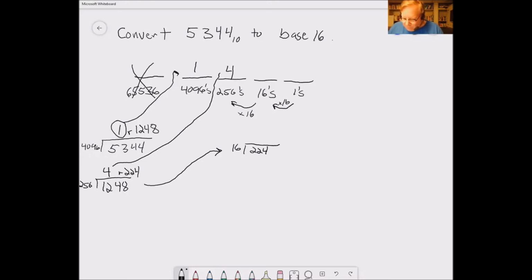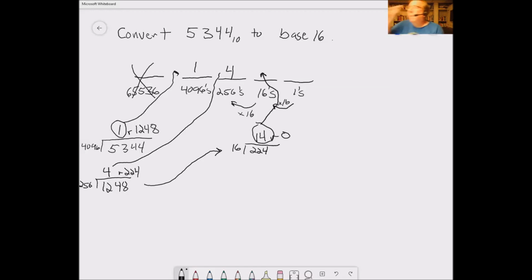So I do 224 divided by 16, and I get 14 with a remainder of 0. That 0 is telling me I'm not going to have any left over. Keep that in mind for a second. The 14, I want to bring from there to there.